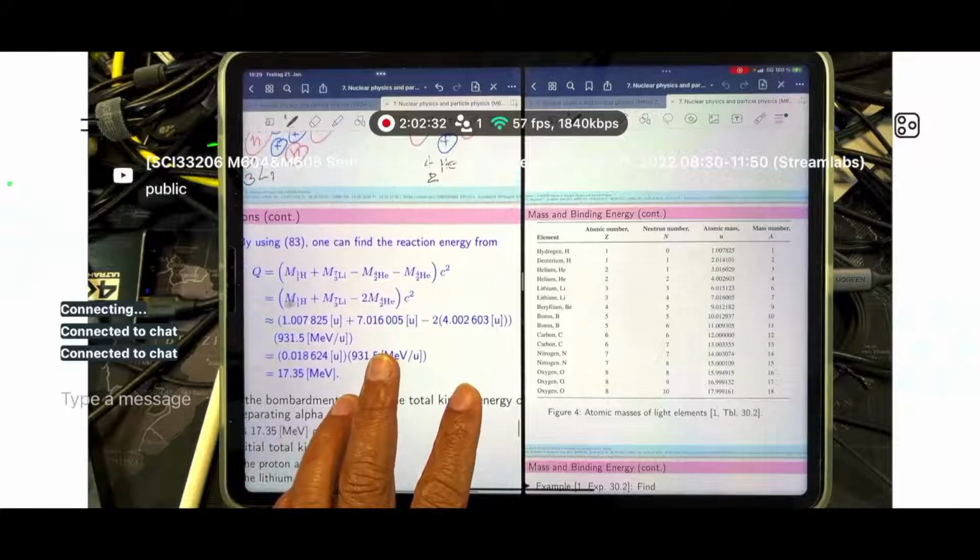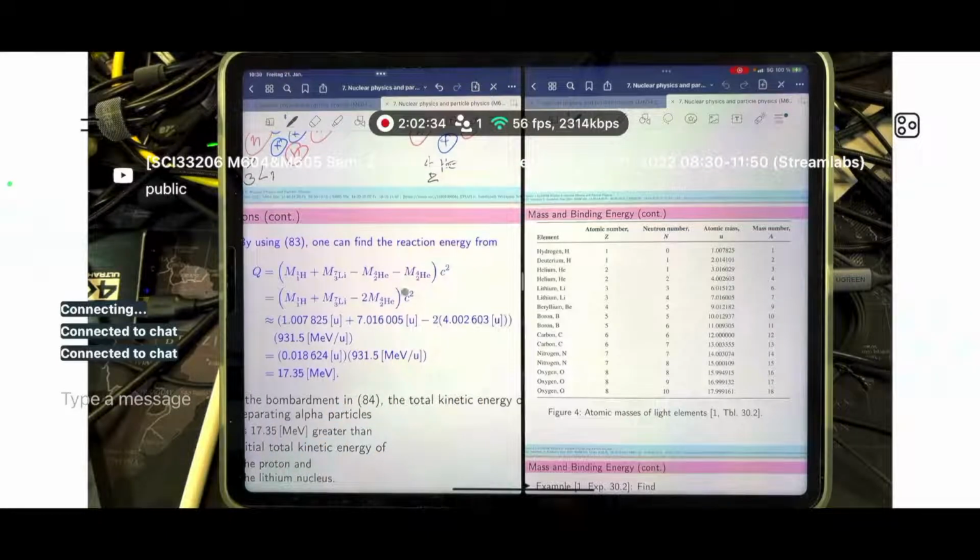The mass should be represented in the SI scale, capital M, and we express it in the atomic mass unit. We change the c squared to become 931.5, and the unit is mega electron volt per atomic mass unit. Here everything will be computed in atomic mass unit, and we compute it by 931.5.